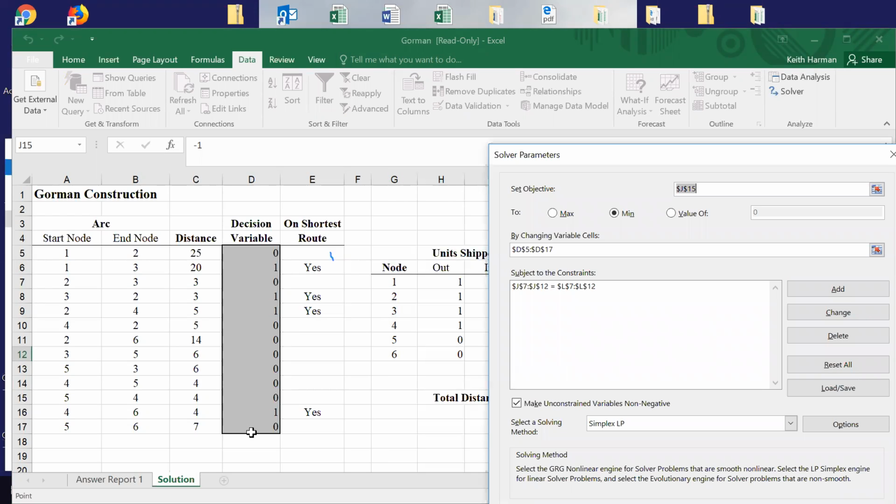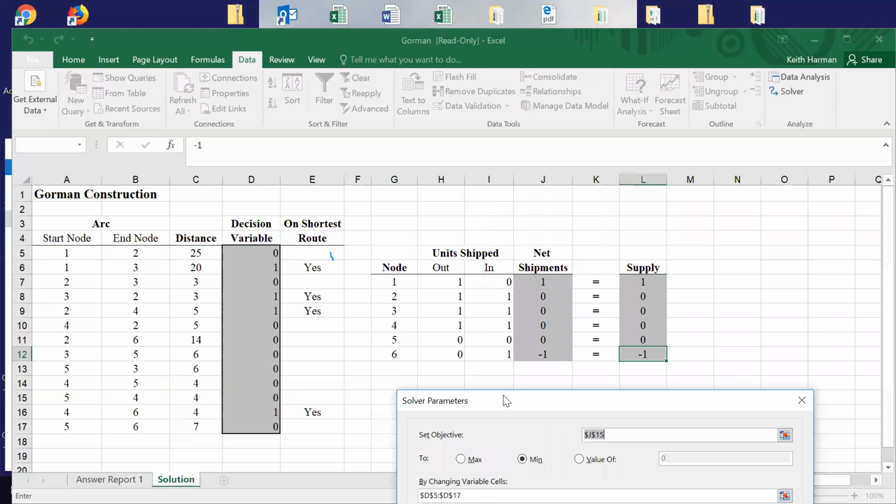Those are our decision variables. Then they have the constraints built in at J7 to J12 and L7 to L12, the right-hand and left-hand sides in terms of net shipments and then the supply.